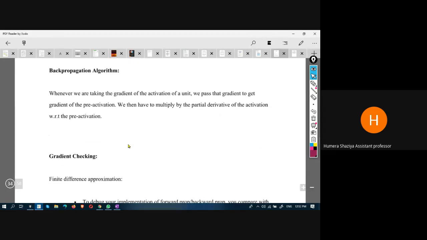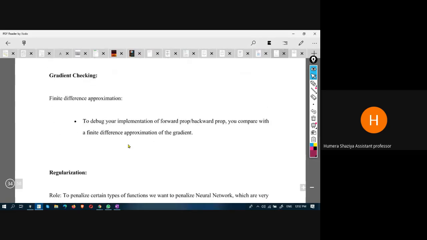And then backpropagation algorithm also we studied, gradient checking, gradient descent also. Backpropagation algorithm is nothing but, in a feed forward network, like this it is connected.